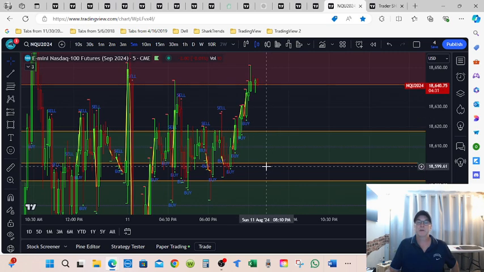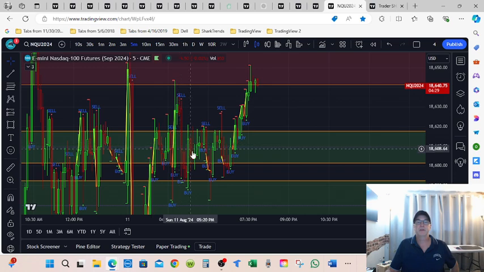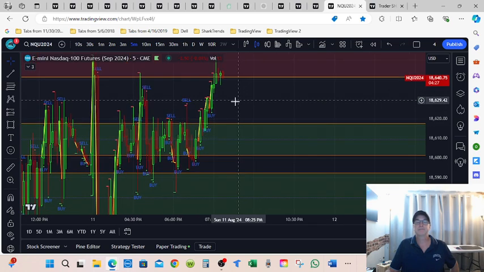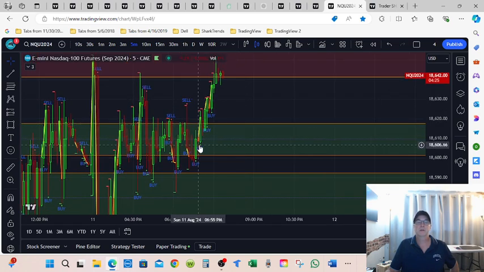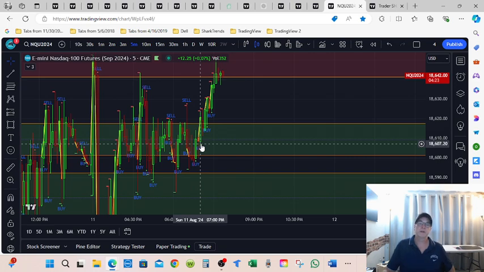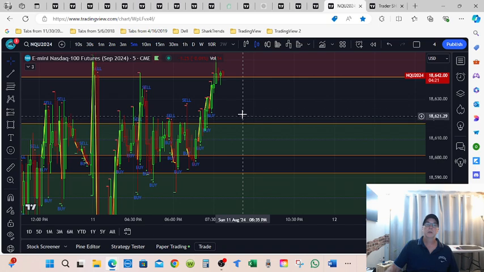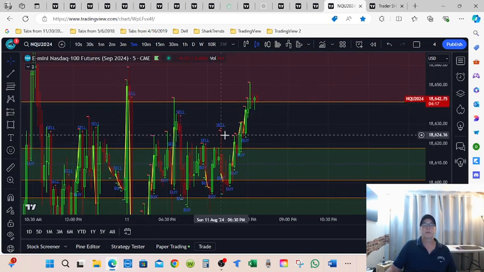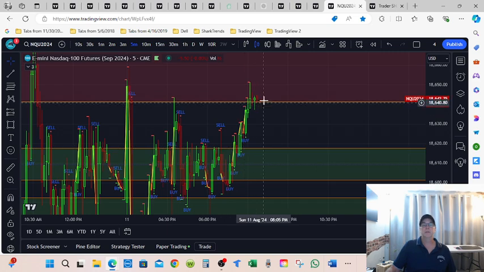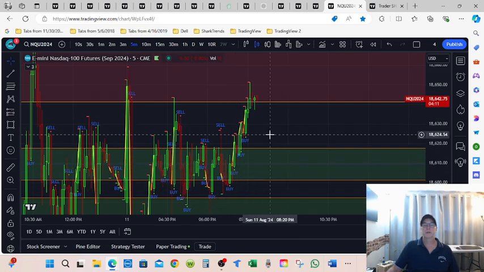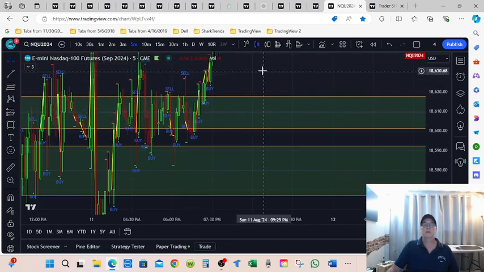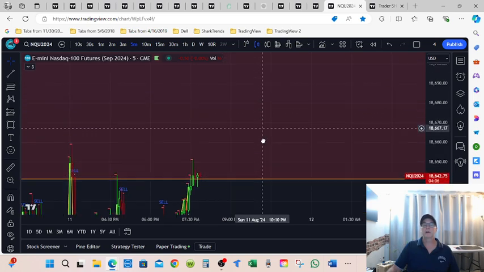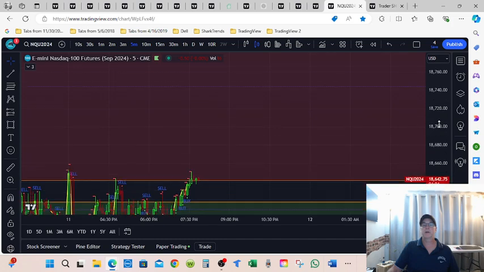But if it trades down, it's already been tested a few times, so there's a good likelihood that it would hold. We do not have any buy side liquidity right or left in this area, which means price is probably going to come back down and test this again until we get a break into this area, which is a pretty good area.